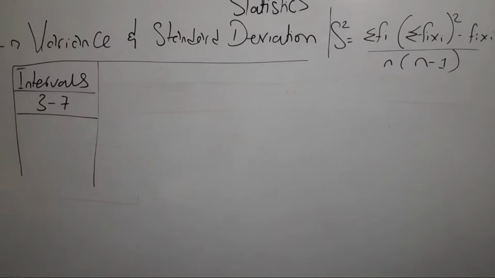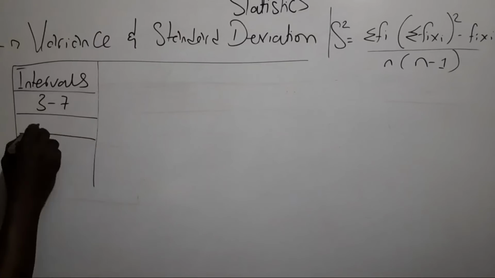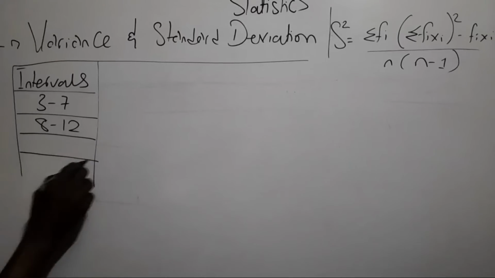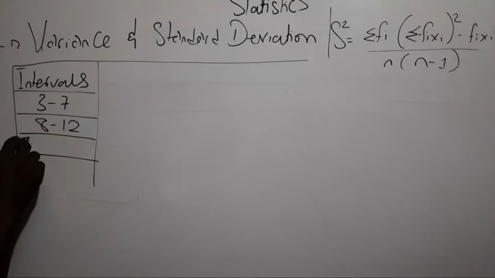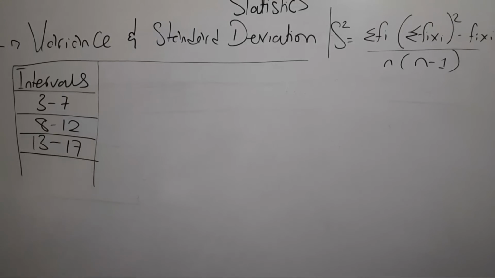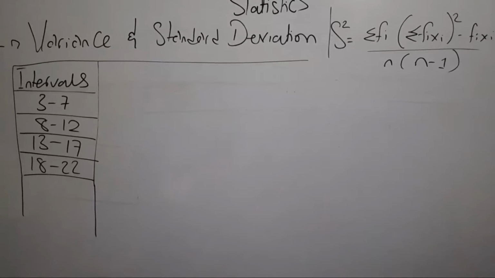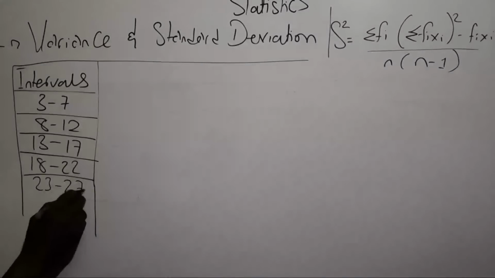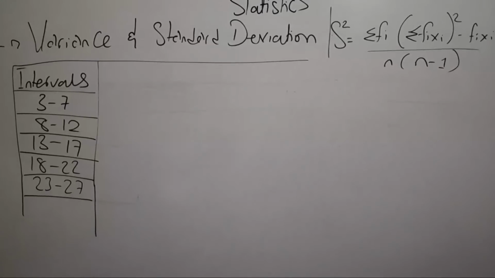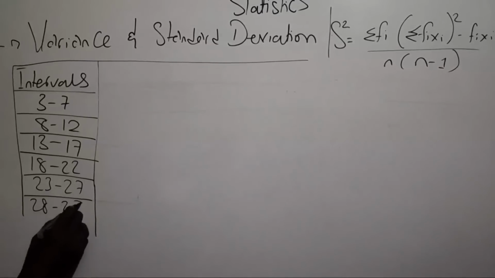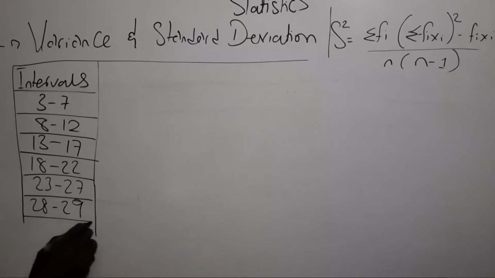So we have 3 to 7, 8 to 12, 13 to 17, 18 to 22, then 23 to 27, and also 28 to 32.